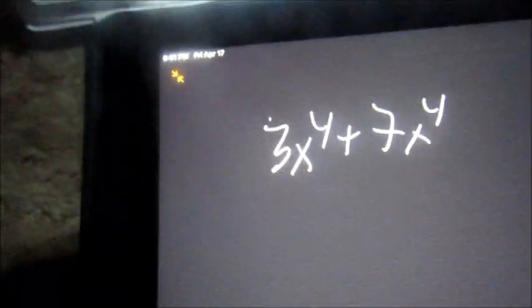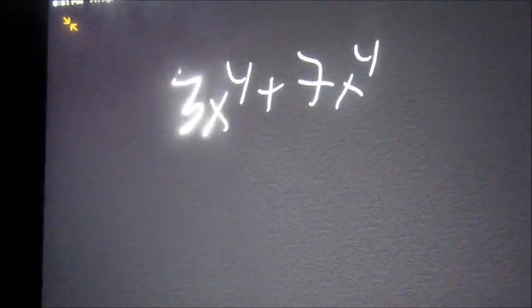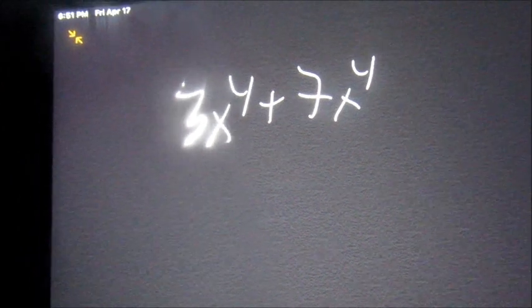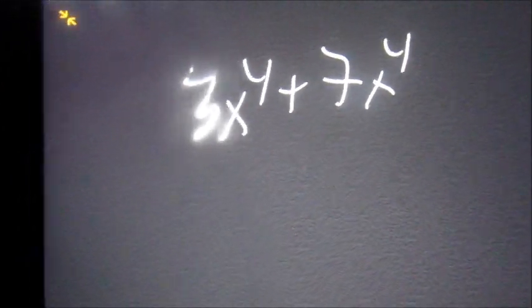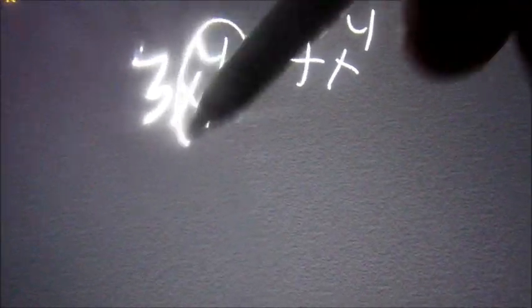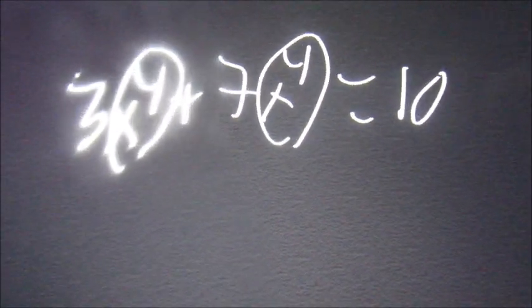Next, let's see what we do when we are adding numbers with exponents. So say we have 3x to the 4 plus 7x to the 4. This is just the same as we've done before. We're doing like terms. So we have the x to the 4 and x to the 4. So we can just add the 3 plus the 7, which is 10, and we have x to the 4s.